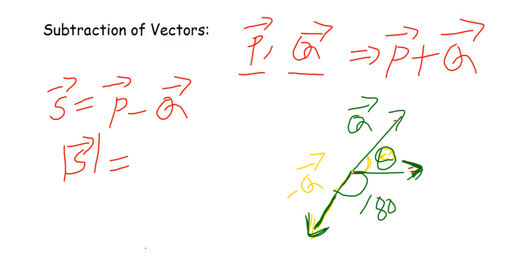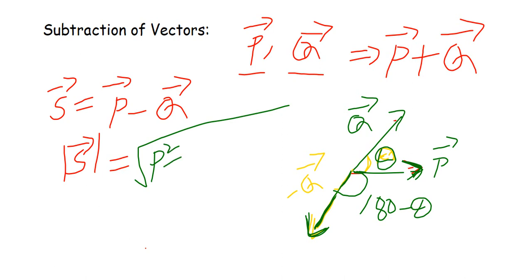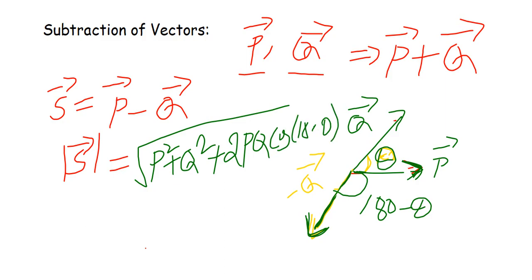So now the magnitude S is root over P square plus Q square plus 2PQ cos 180 minus theta. We discussed this when we were learning the parallelogram law of vectors.